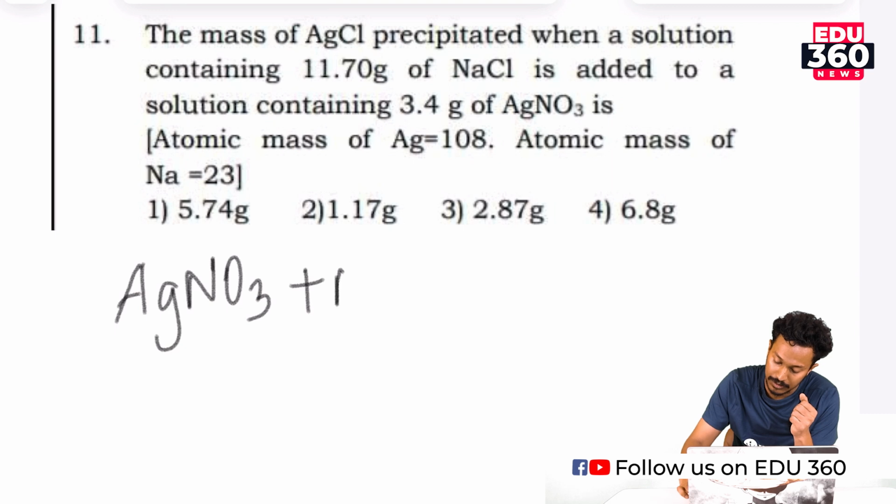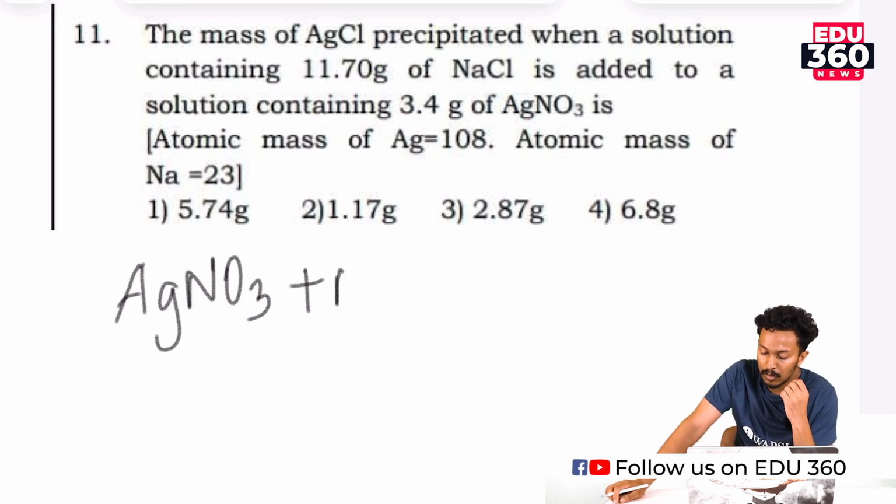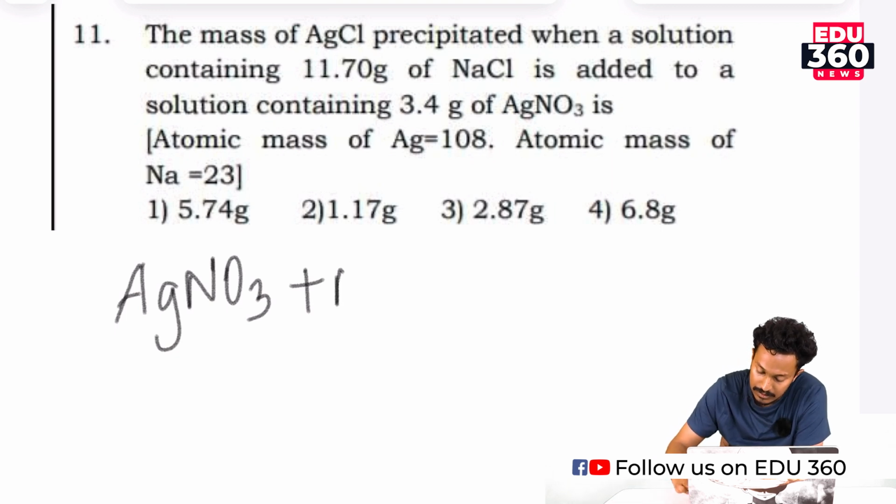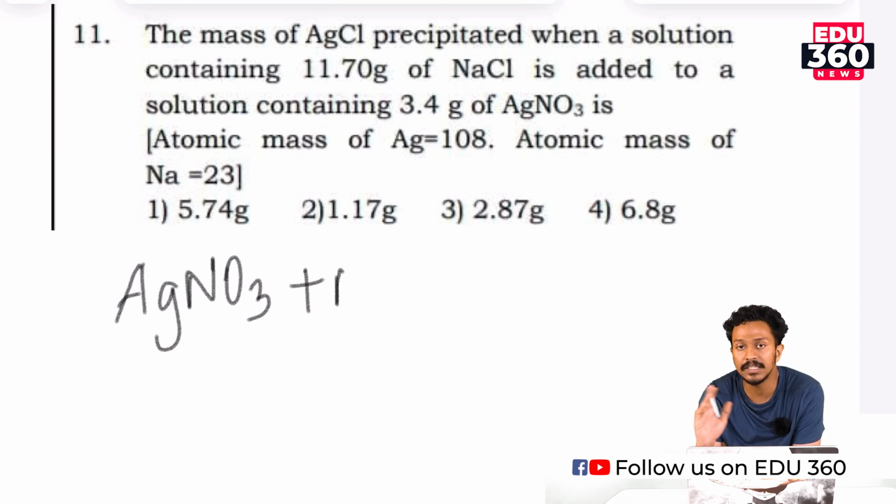Moving on to the next question. The mass of silver chloride precipitated when a solution containing 11.7 gram of sodium chloride is added to a solution containing 3.4 gram of silver nitrate. This is the question we have, and we could explain this by a simple precipitation reaction between sodium chloride and silver nitrate.